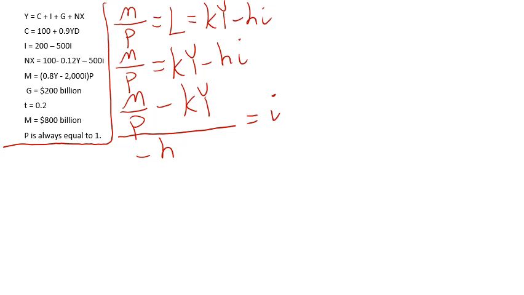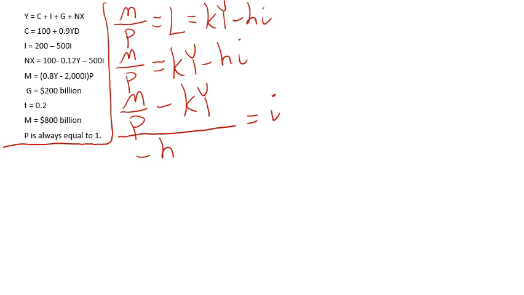Okay, now when we juxtapose these terms, we will get M over P minus KY, divided by negative h, which is equal to the interest rate. Okay, now the next step, because again, remember the goal here. The goal is to measure the monetary policy multiplier. So in essence, we're going to be measuring the money supply multiplier.